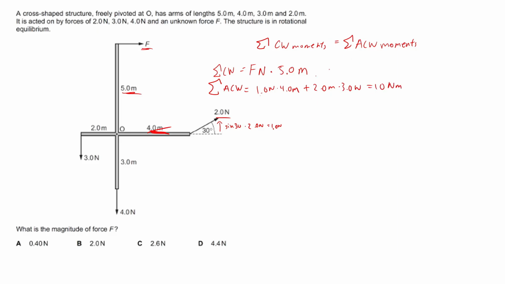So since these two are equal, we get that F N times 5.0 m is equal to 10 Nm. So then F is equal to 2.0 N, which is B.